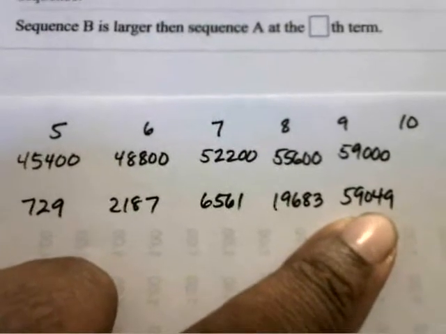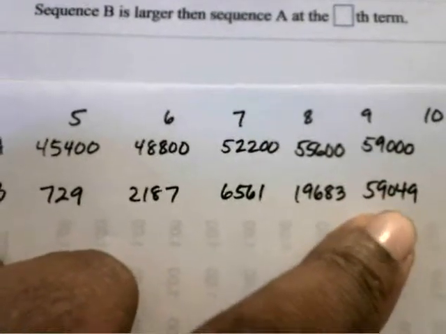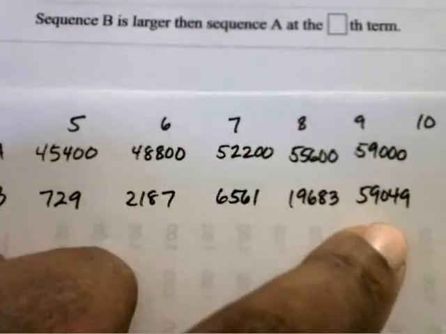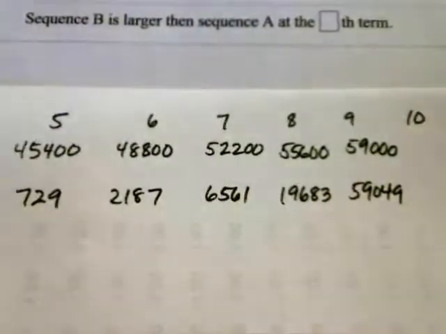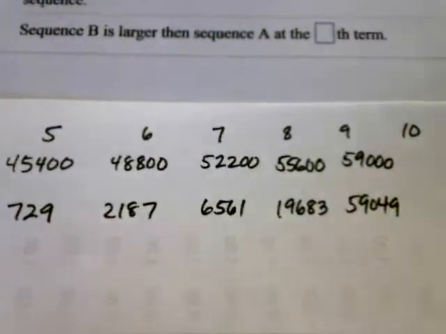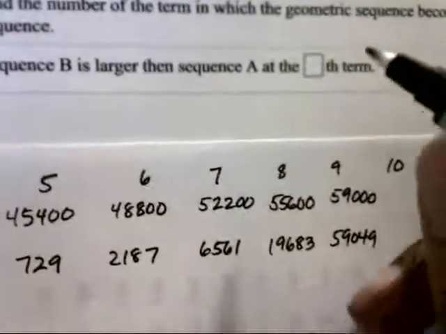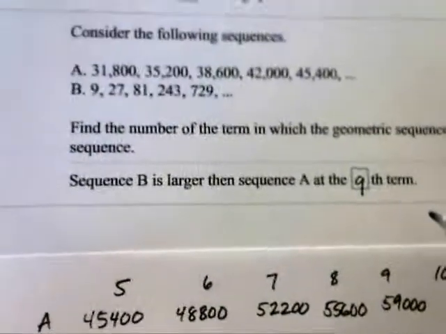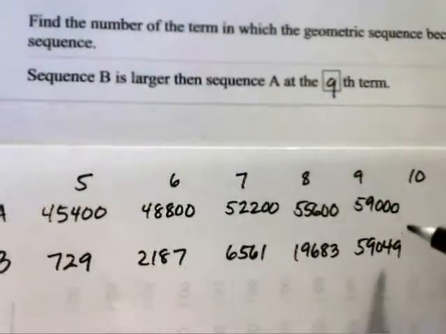Notice that sequence B at the ninth term became larger than sequence A by about 49. So sequence B is larger than sequence A when you get to the ninth term, as you can see here.